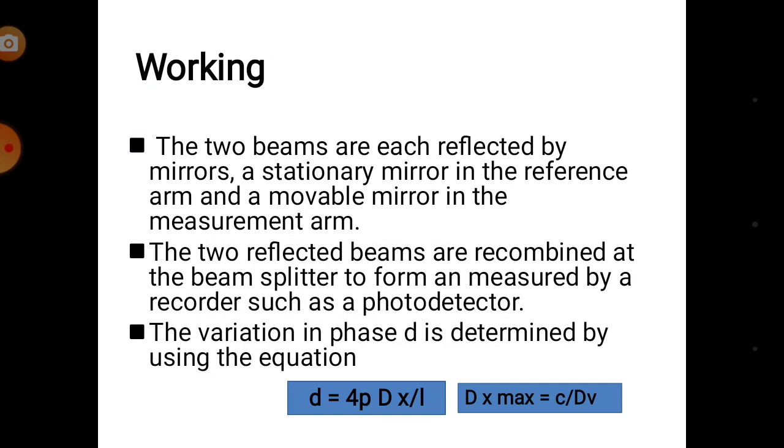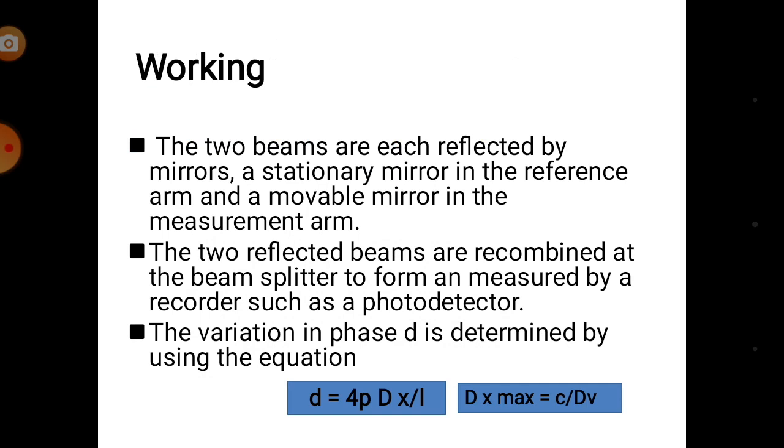When the mobile arm moves by 1/4 wavelength, the round trip distance traversed by the light to measurement has changed by 1/2 wavelength.